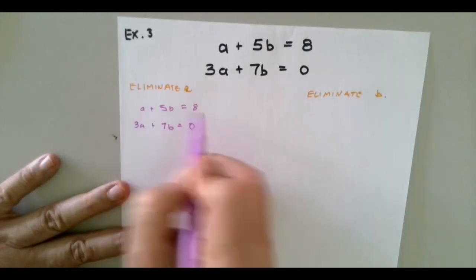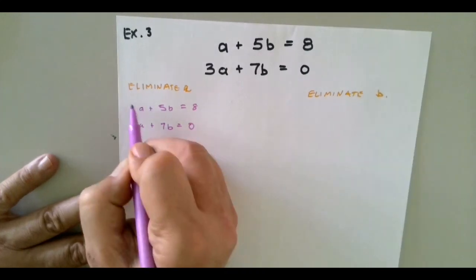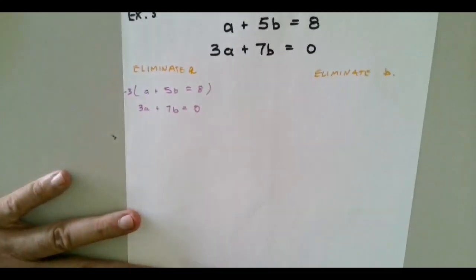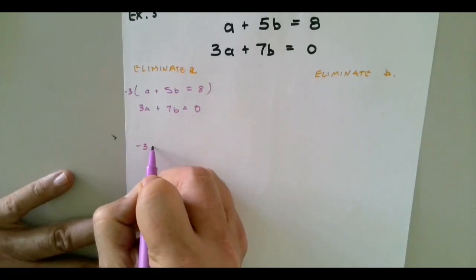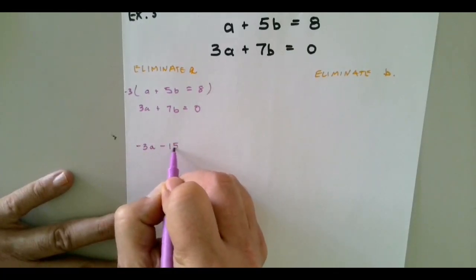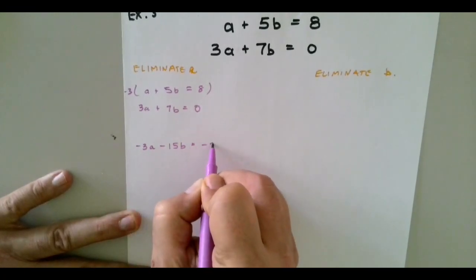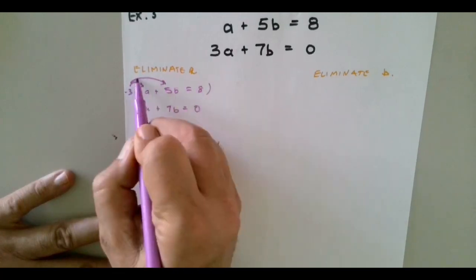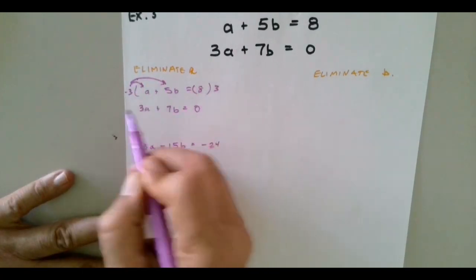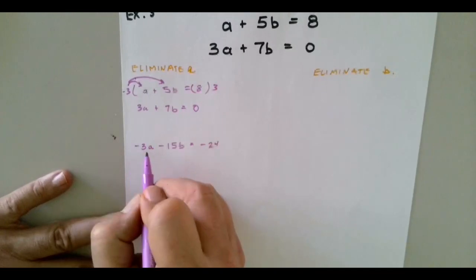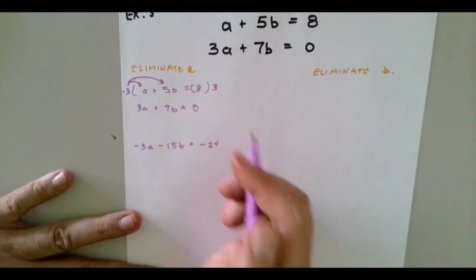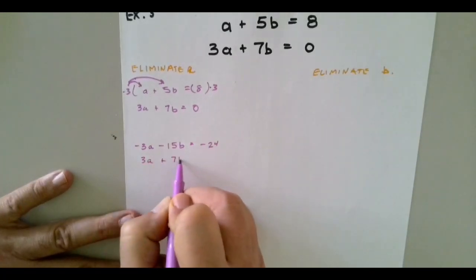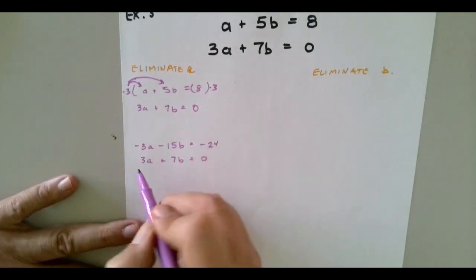So I notice that for these two, if I want to eliminate the a, I would use negative 3 there. So I get negative 3a minus 15b equals negative 24. Again, all I did was distribute negative 3 all the way across. And then I have 3a plus 7b equals 0.